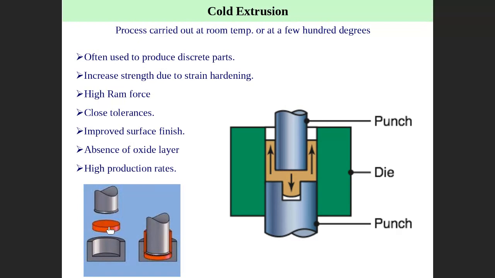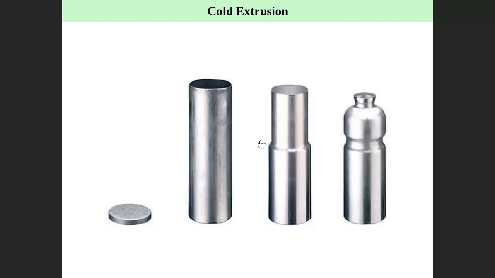This is a ram, we put it here, and when the ram applies pressure, the material will flow up in the gap between the ram and the die diameter. Then the material will flow up to create this kind of hollow cylindrical shape, initially like this, finally you get this. Actually this one is indirect extrusion, backward extrusion, right?